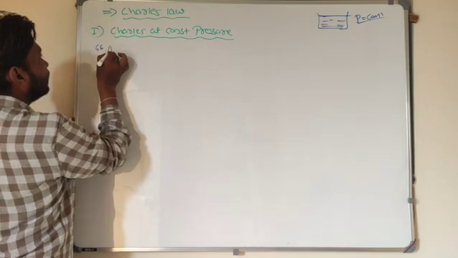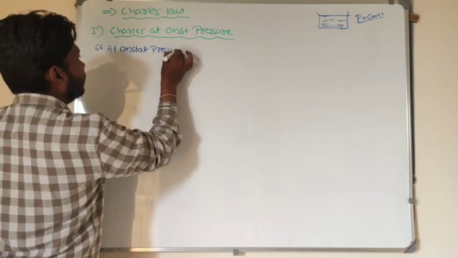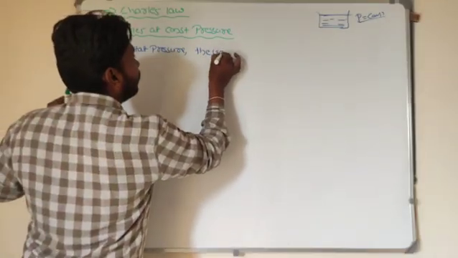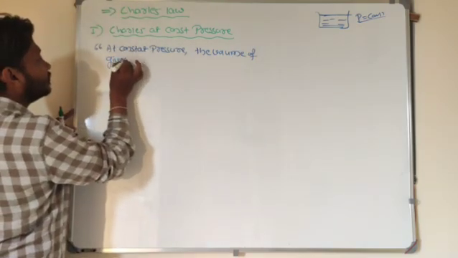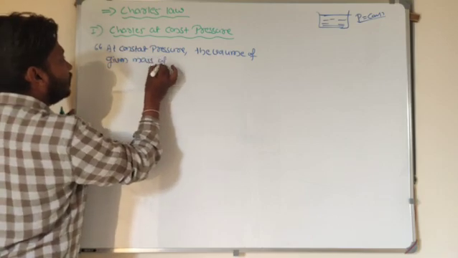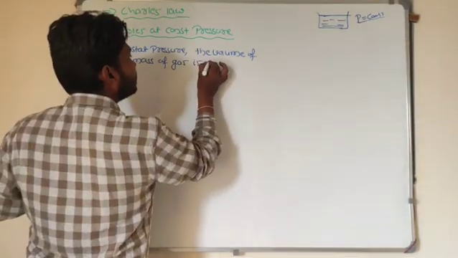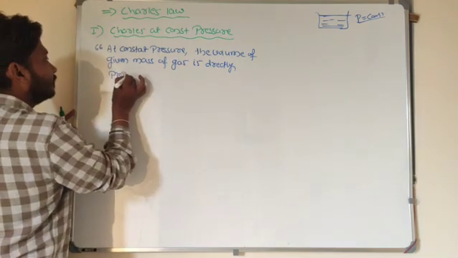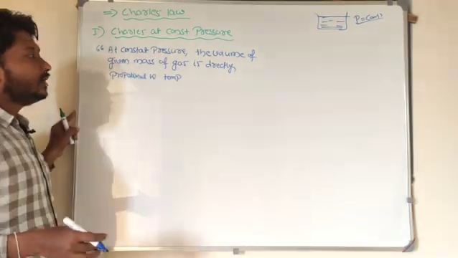At constant pressure, so the pressure of the gas is constant, the volume of a given mass of gas is directly proportional to temperature.